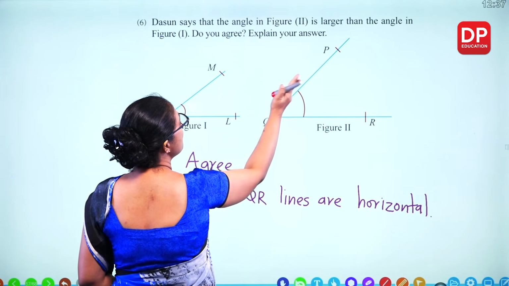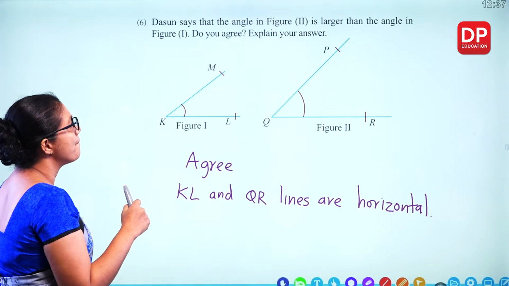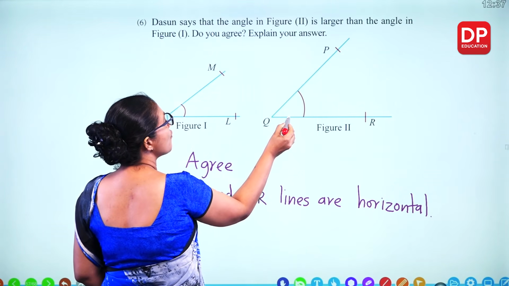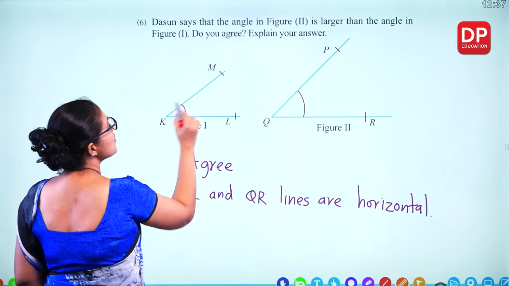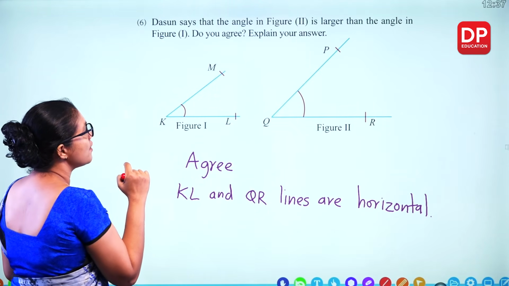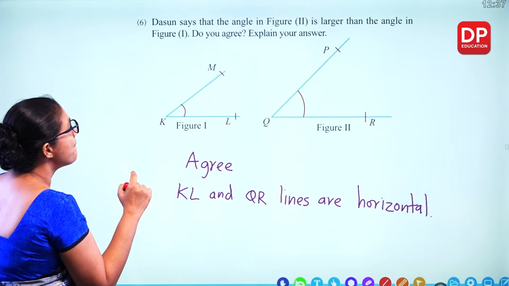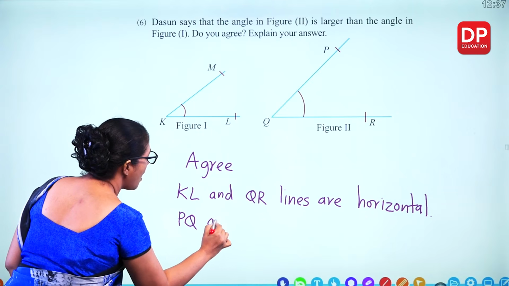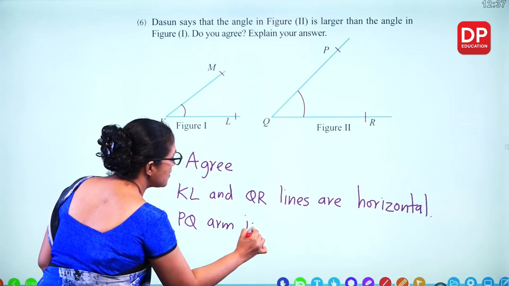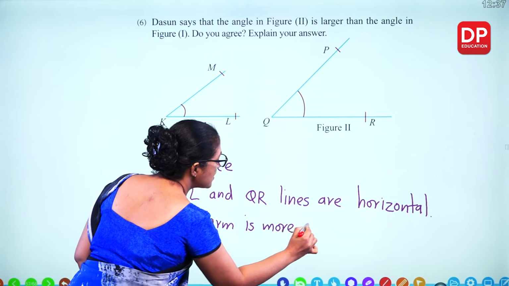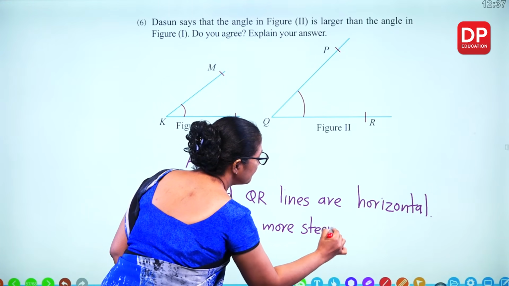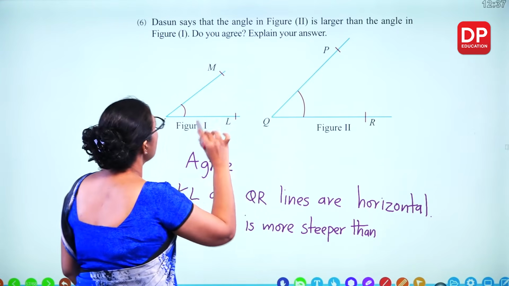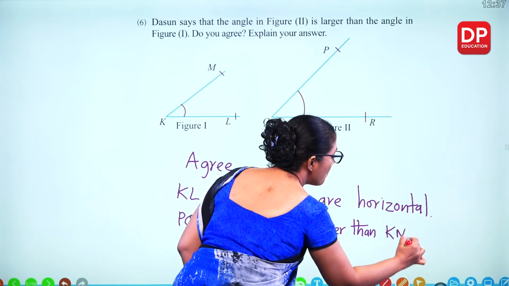So this PQ arm is more steeper from here than this one. So what can you say? We can write PQ arm is more steeper than KM arm.